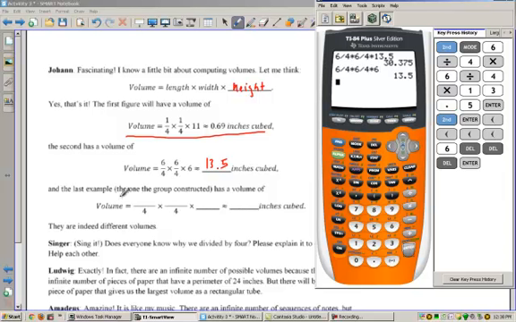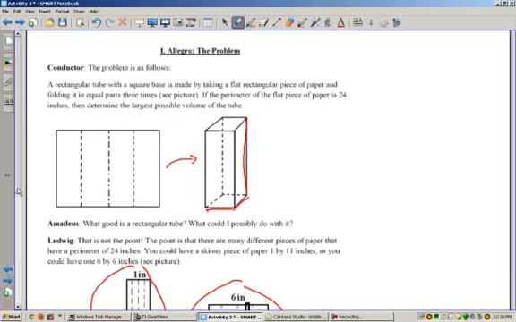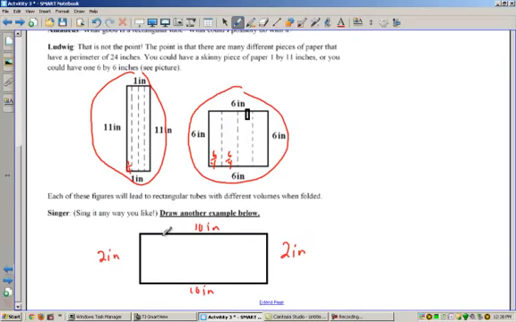And the last example, this is the one the group constructed. So we go back and we look at the one that we constructed, and we realize, now there are going to be these dotted lines where we make these folds. Right, so 2, 3. And so this length over here is 10/4, and then 10/4. These are all 10/4. You divide 10 up into 4 pieces.